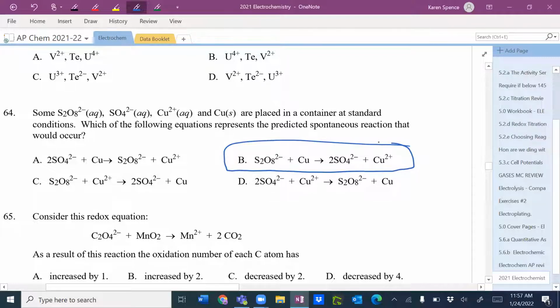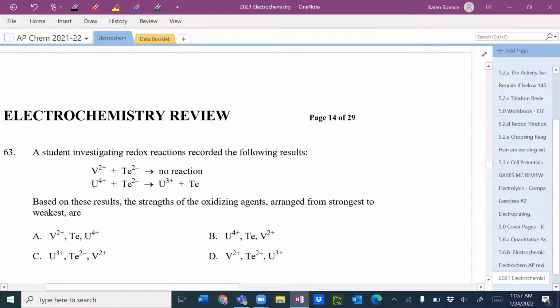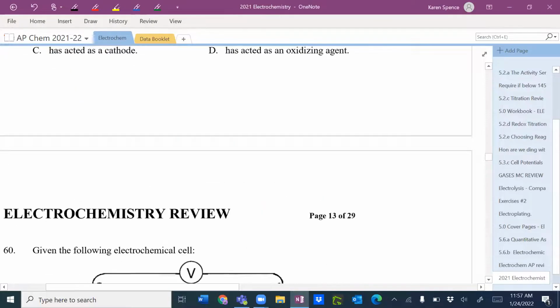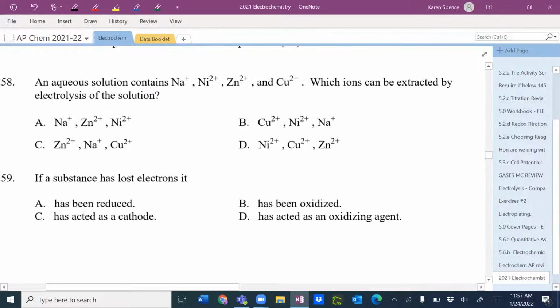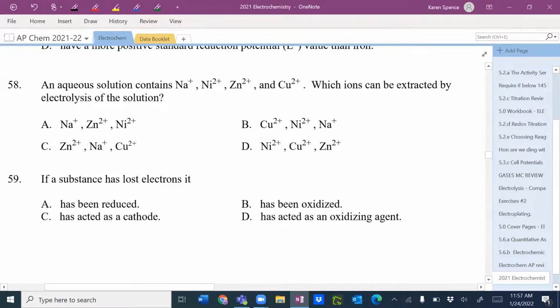And we were popping back to number 58. An aqueous solution contains sodium, nickel, zinc, and copper. Which ions can be extracted by electrolysis of the solution? Okay, so we have sodium, nickel 2 plus, zinc 2 plus, and copper 2 plus, and this is an aqueous solution. When you hear aqueous and we're looking at electrolysis, we have to take into consideration H2O.